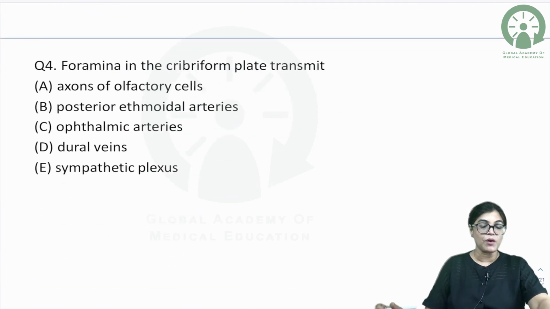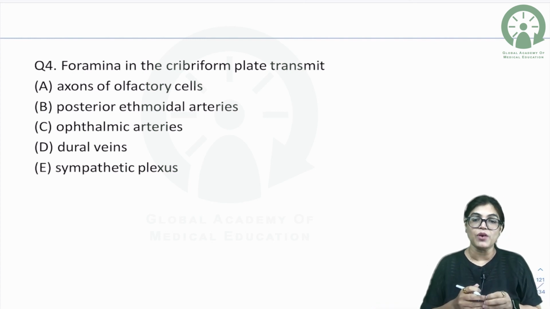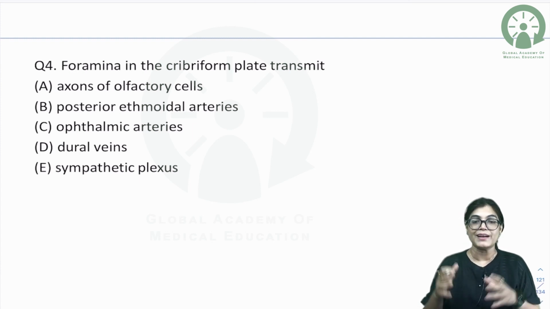Foramina of cribriform plate, which is located in the anterior cranial fossa, transmit which of the following structure mentioned? Axon of olfactory cells, posterior ethmoidal arteries, ophthalmic arteries, sympathetic plexus or dural veins. Which is the correct answer, my dear aspirants? We know that from the cribriform plate of anterior cranial fossa, the structure traversing is olfactory nerve rootlet.